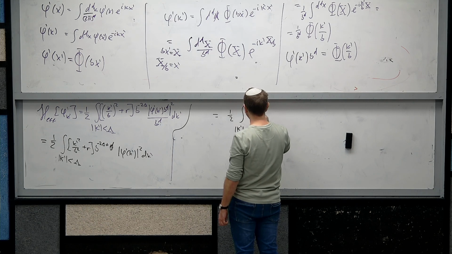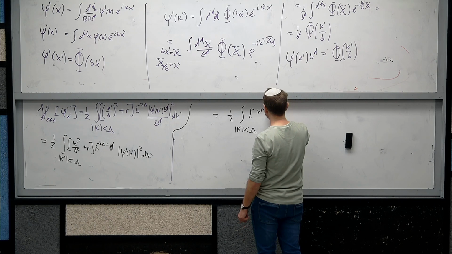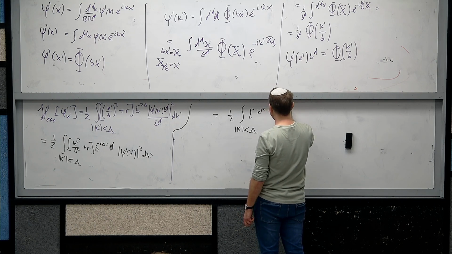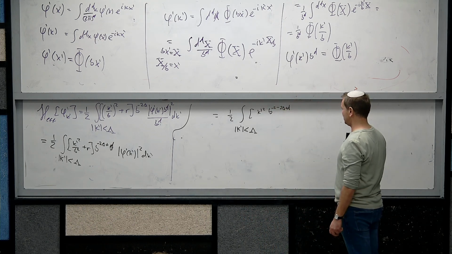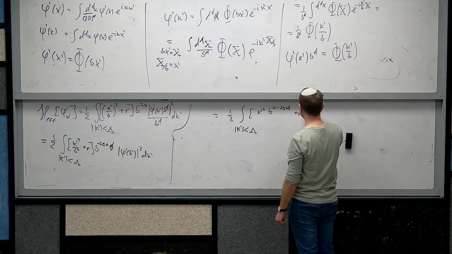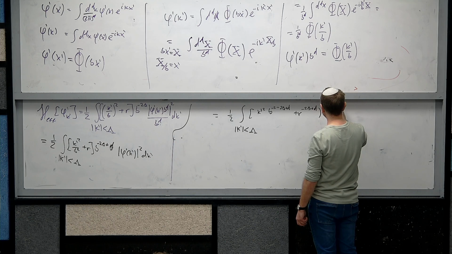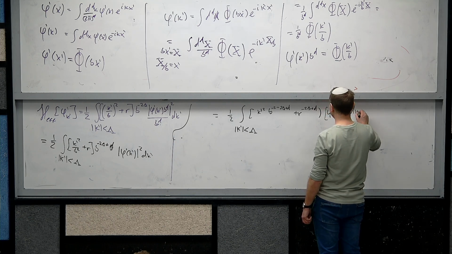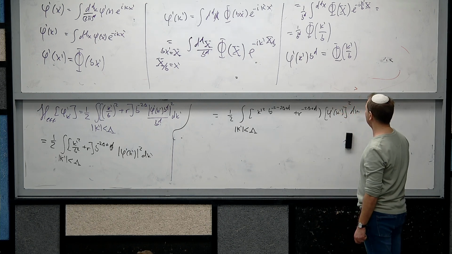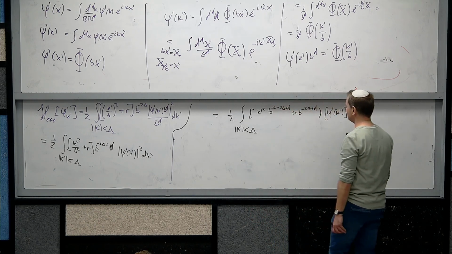Here I have k prime squared multiplied by b to the minus 2 delta plus d, plus r b to the power minus 2 delta plus d, and phi prime k prime.